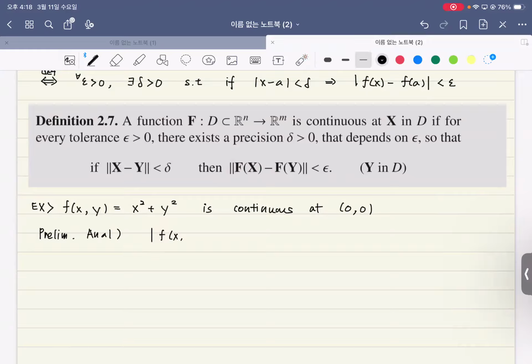So f of x, y minus f of 0, 0 is just x squared plus y squared, which is the square of the distance between x, y and 0, 0. I am looking for the condition under which this is less than epsilon.